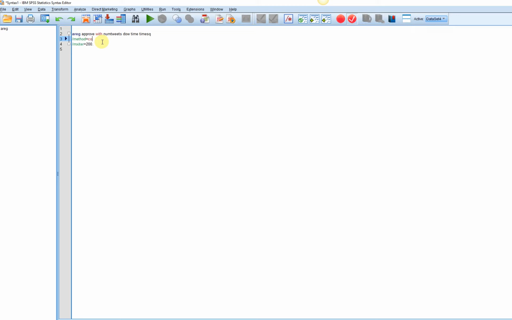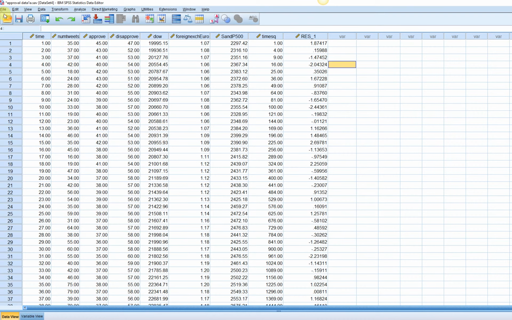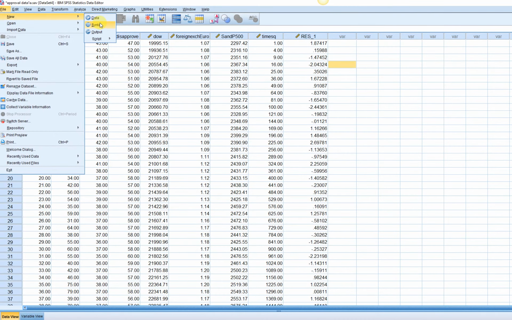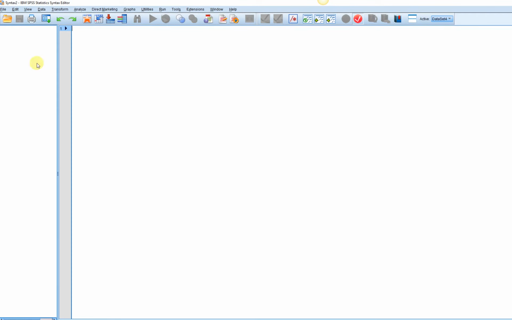Nevertheless, to run the regression, you basically have to go back here. If you go into File, New, and click on Syntax, then a page will open. I'm just going to type in AREG, and that's basically for auto regression.